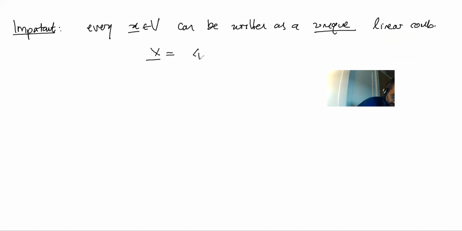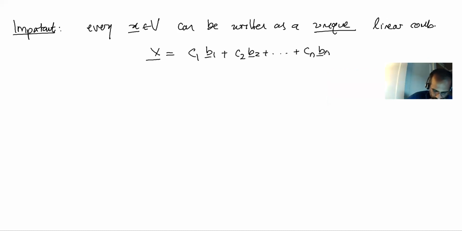X is equal to C1... Okay. And now I'm going to introduce another important concept. The weights in this linear combination are called the coordinates of X.